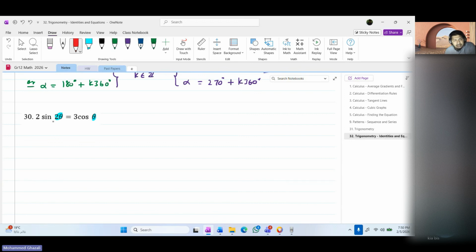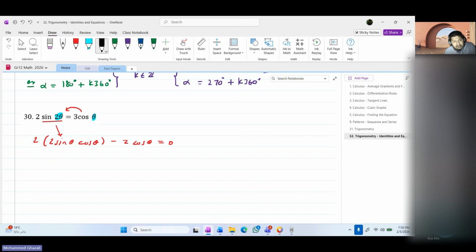Now, because the angles are different, we have to change the sine 2 theta. We need to replace that with the double angle. So that is 2 sine theta cos theta, minus 3 cos theta. Actually, bring the 3 cos theta to the other side and make it equal to 0. Okay, I brought this over to the other side and make it equal to 0.